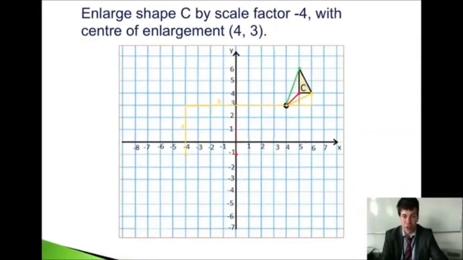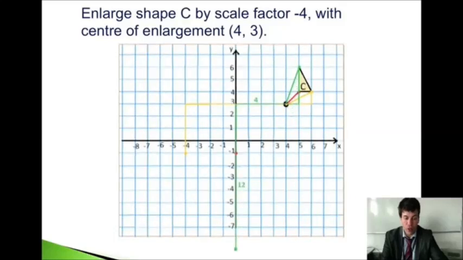The green vertex from the centre of enlargement is 1 unit along, 3 units up. 1 times -4 is 4 units back, or -4. 3 times -4 is 12 units down, or -12. 4 back, 12 down. We'll place the vertex coordinate here, at 0, -9.